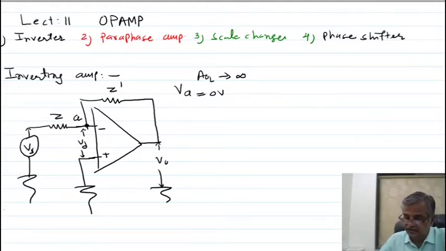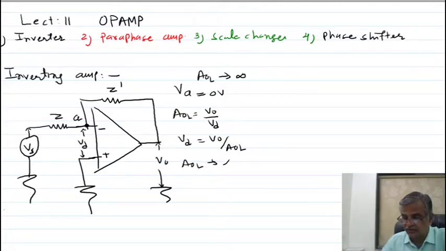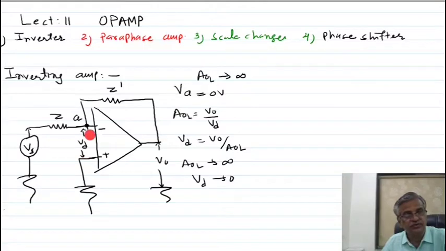The reason is that AOL is equal to VO upon the differential input voltage, so VD is equal to VO upon AOL. As AOL tends to infinite, VD tends to 0. This means the differential voltage tends to 0. This terminal is already at 0 potential, so this potential and this potential will be the same.